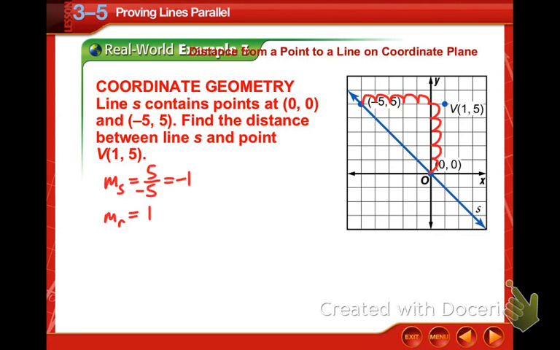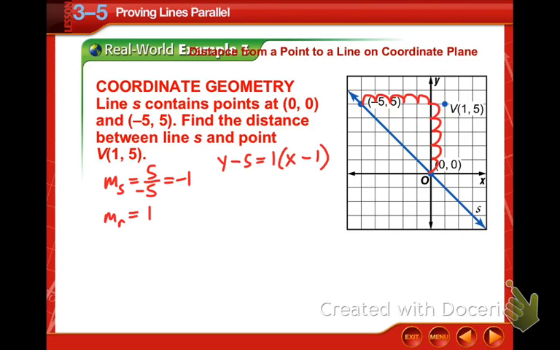So now, what we need to do, if we were to do this by hand, we would need to find the equation for the line that goes through this point V, and it has a slope of 1. So we're going to use point slope form. y minus the y value at V, which is 5, equal to our slope of 1 times x minus our x value at V, which is 1.